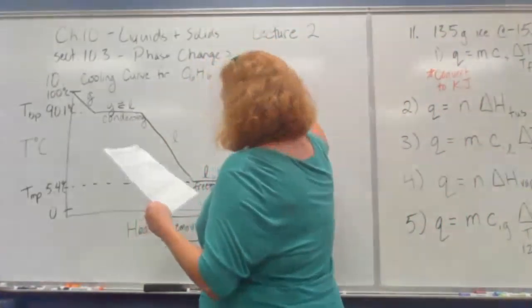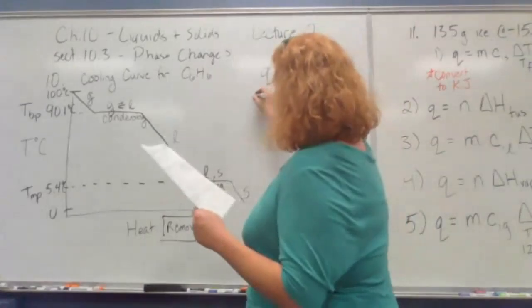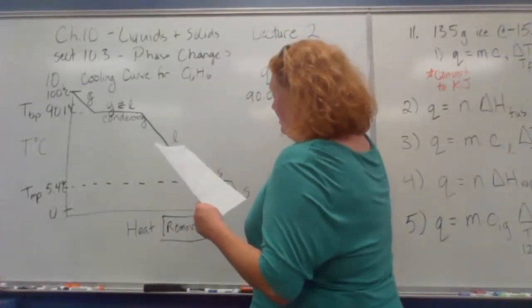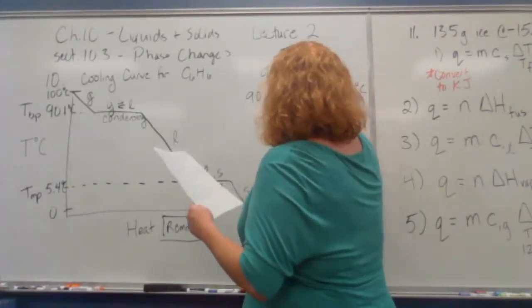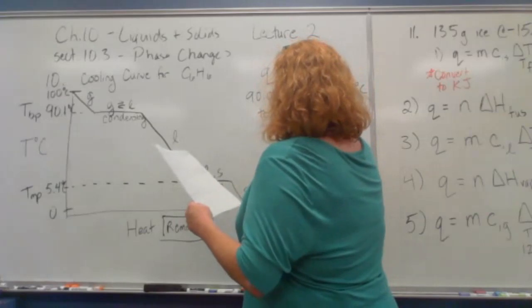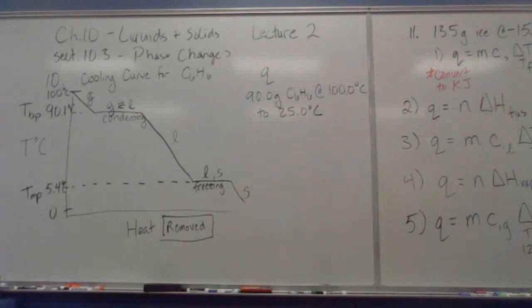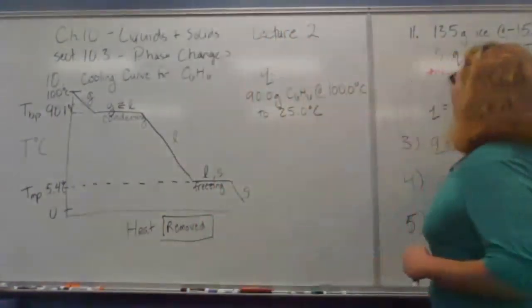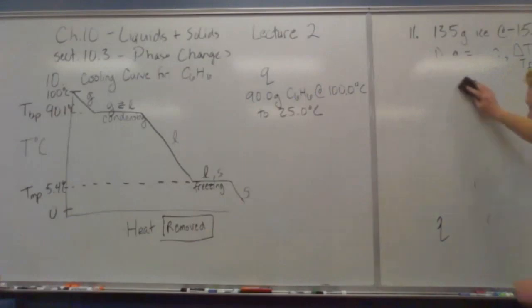Calculate Q to take 90.0 grams of benzene, C6H6, from 100 to 25.0 degrees C. How many steps is that? How many individual calculations are you going to have to do?